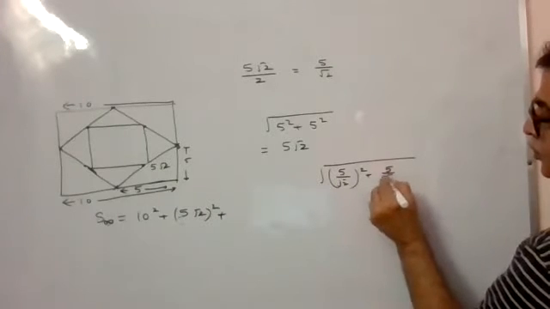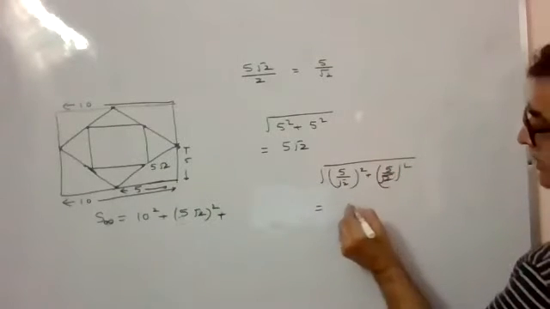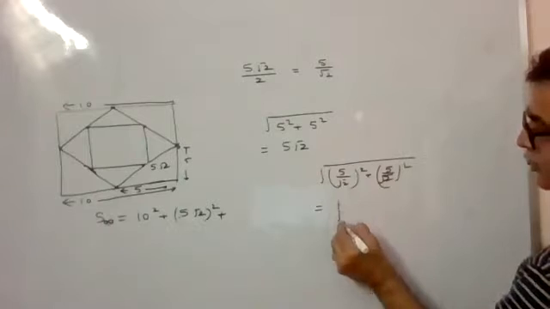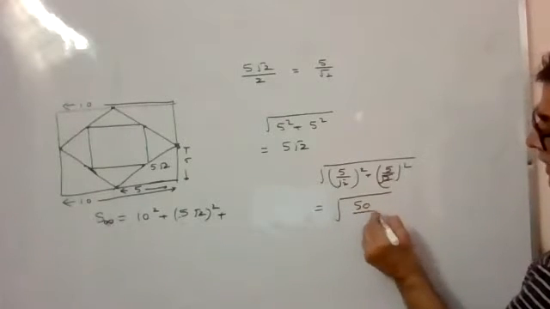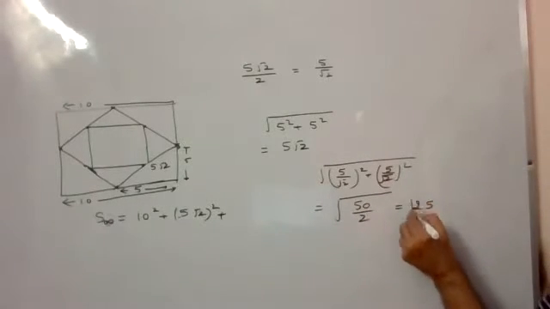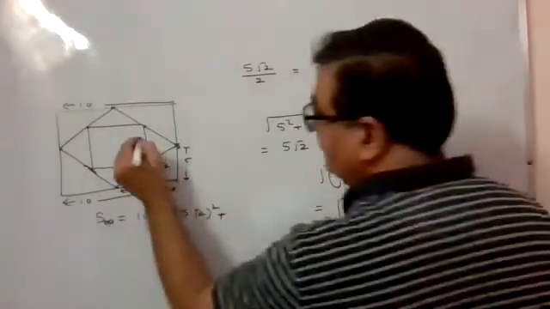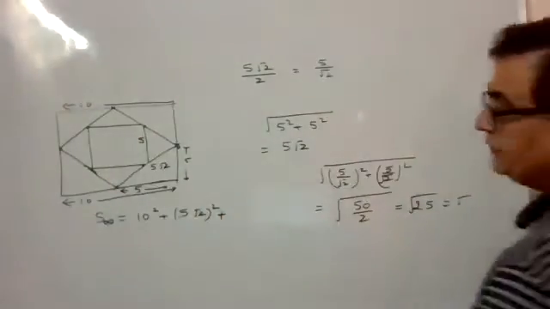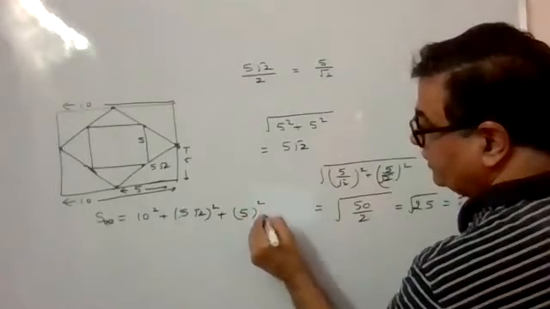How much is this? 25 by 2 plus 25 by 2, so it will be 50 by 2. It's coming 25 root, so that is 5. So the third square has area 5 square.